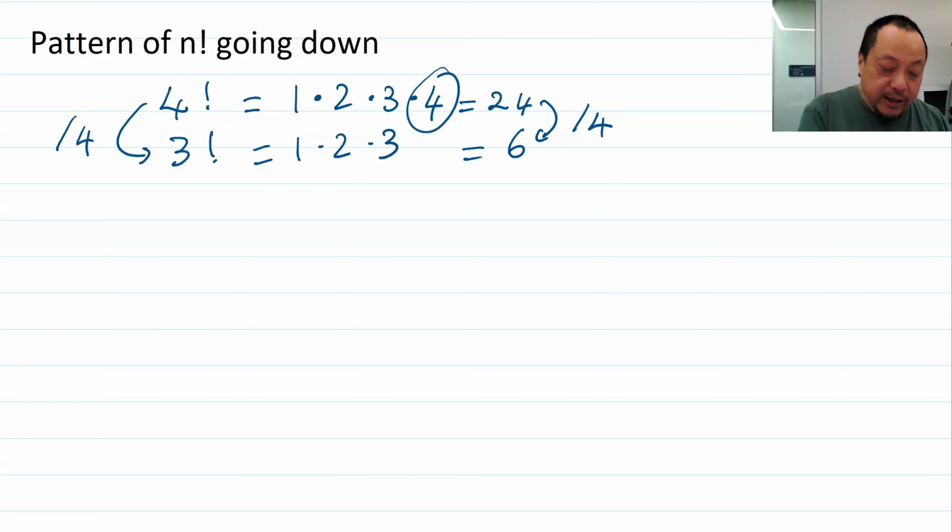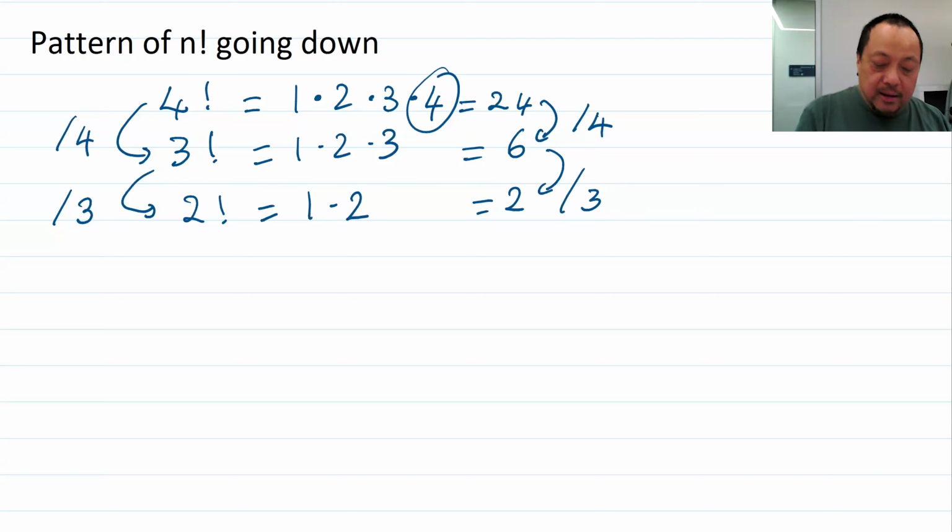So guess what happens if I go down to 2 factorial? It looks like if I keep the pattern, I should divide by 3. 6 divided by 3 should be equal to 2. Does it work? Yes, it works. Because I'm really just omitting the extra factor here. All right, going down to 1 factorial, I should be dividing by 2.